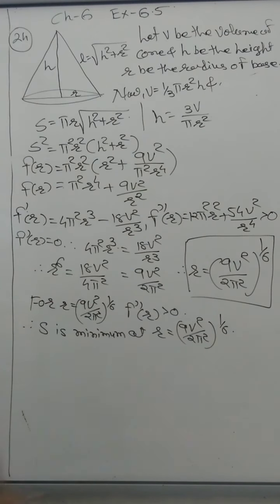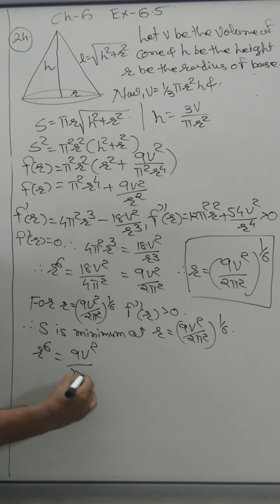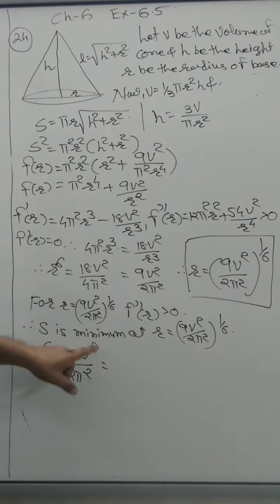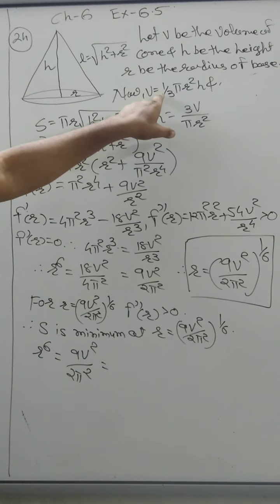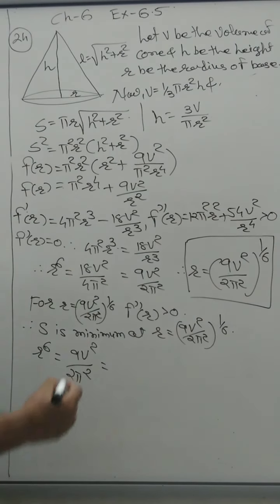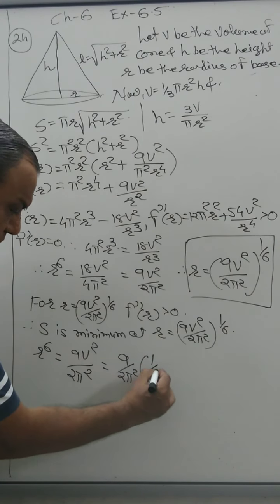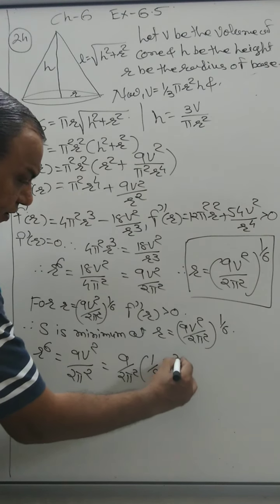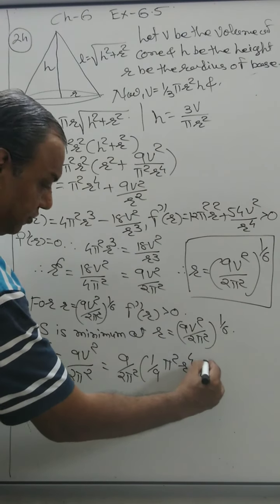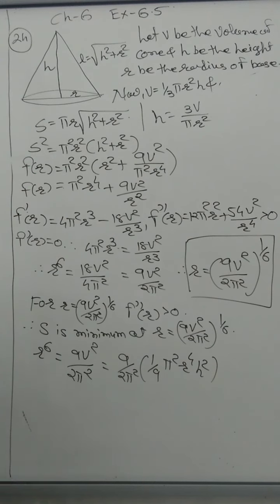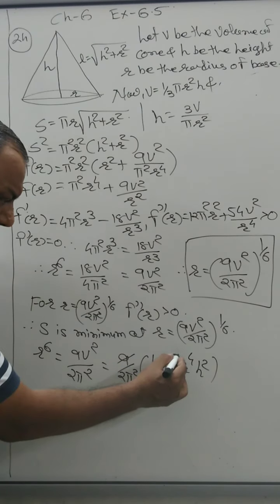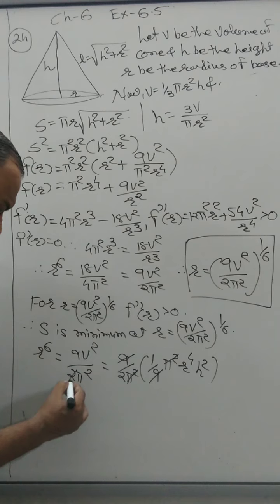Now here r⁶ is 9V²/2π², and we put the value of V from 1/3 πr²x. So 9/2π² into 1/9 π²r⁴x². This is our first result. Now here 9 cancels, π² and r cancel, 2 also cancels.